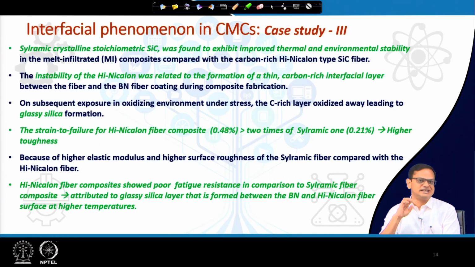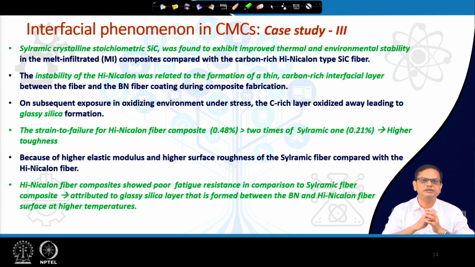That is what has been mentioned here: the crystalline, stoichiometric SiC ceramic fiber was found to exhibit improved thermal and environmental stability compared to the carbon rich high nickelon fiber.